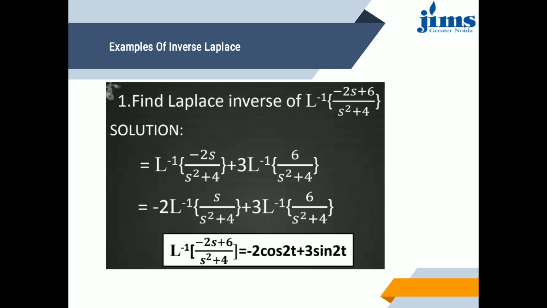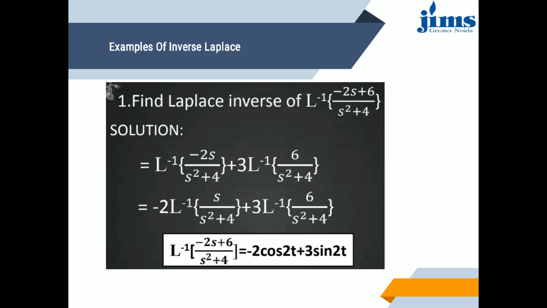So we take the Laplace inverse of minus 2s divided by s square plus 4 and plus 3 times the Laplace inverse of 2 divided by s square plus 4.